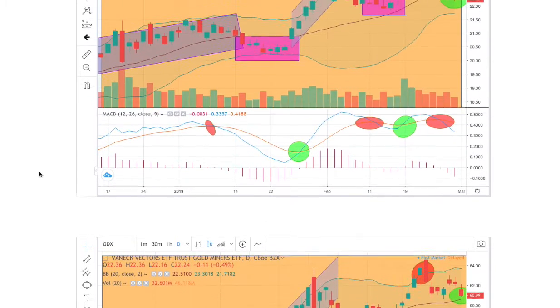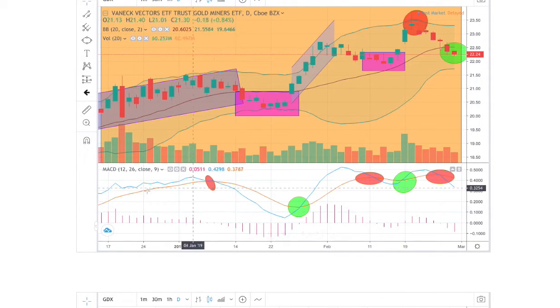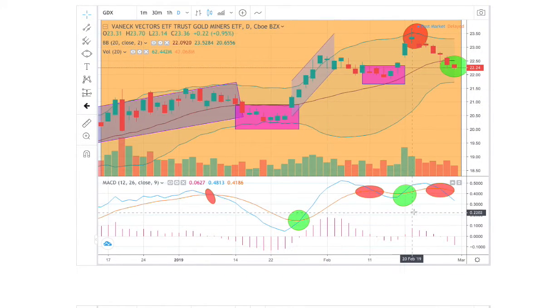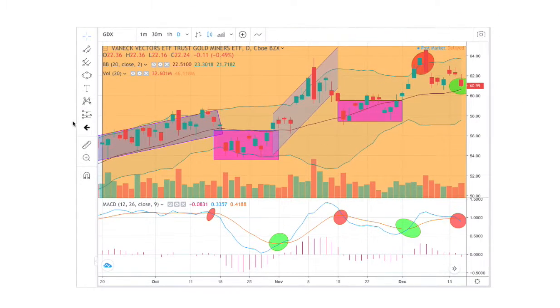So we have 1, 2, 3, 4, 5, 6, 7, 8, 9, 10, 11 points that are identical.